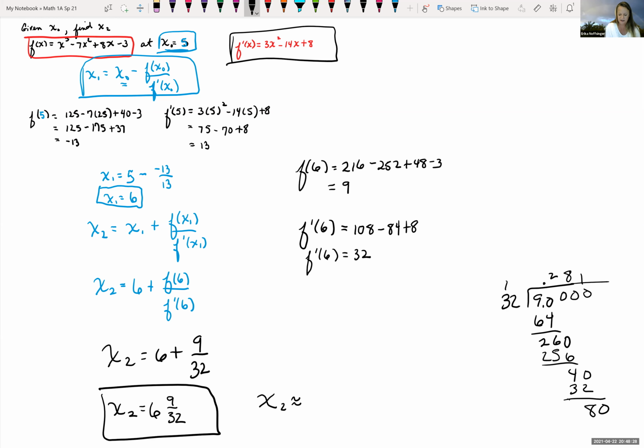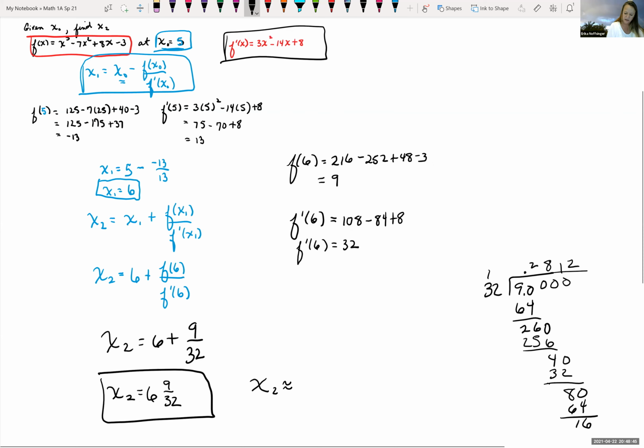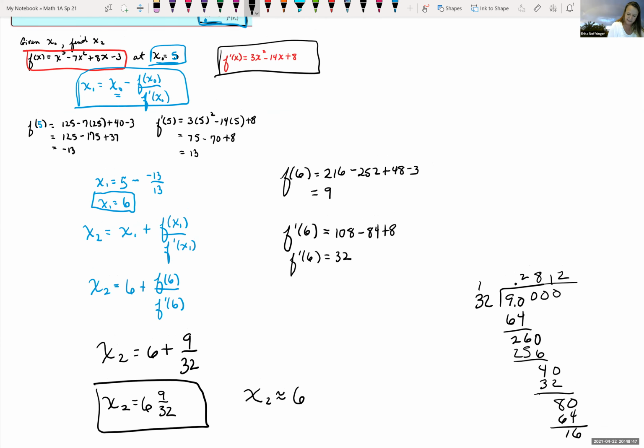The whole point in this was to be able to do these without calculators, but 32 goes into 80 twice, so 64. Okay, so we get that this is approximately 6.2812.